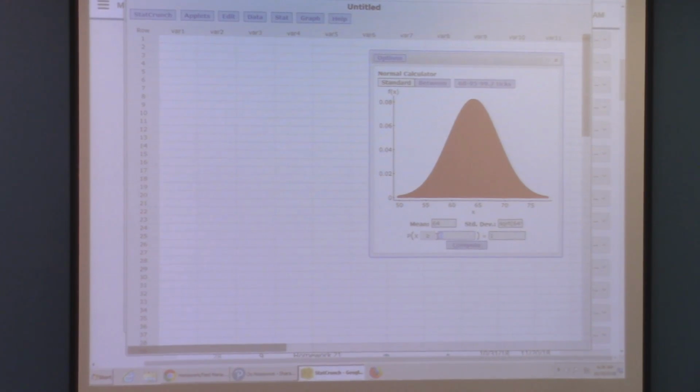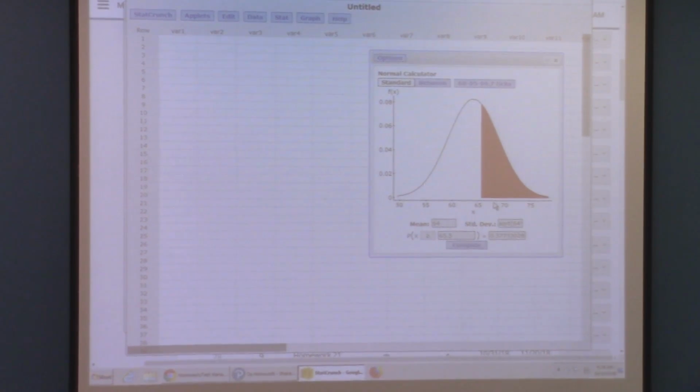So what do I put here? 66 if it were binomial, right? See, for normal you need to expand by 0.5. So what would that be? 65.5, right? Because if you did 66.5, you didn't expand, you lost 0.5.